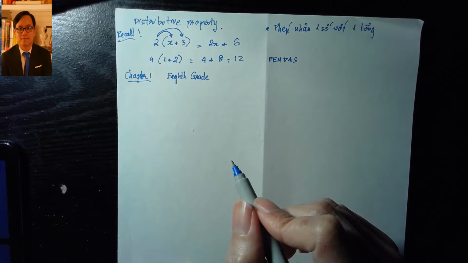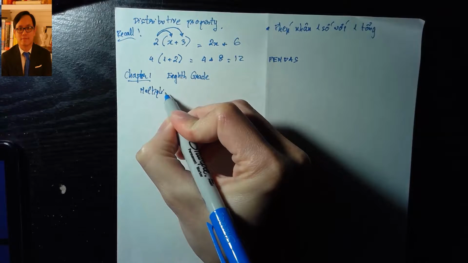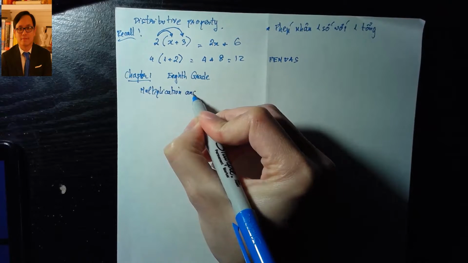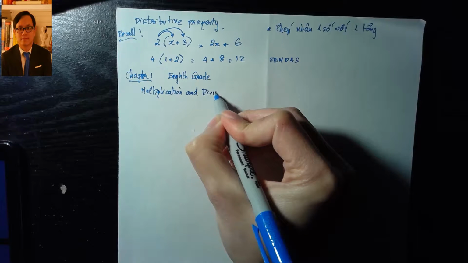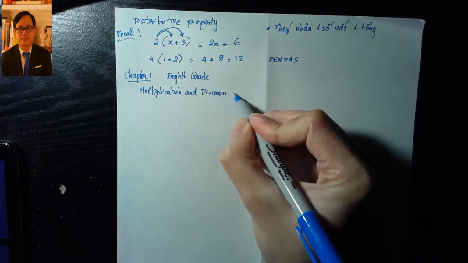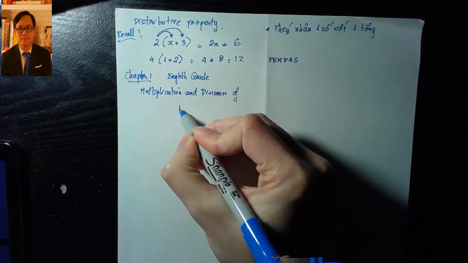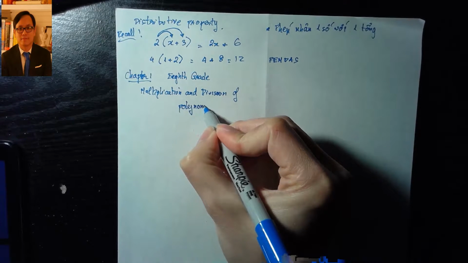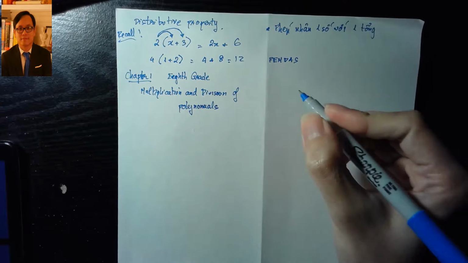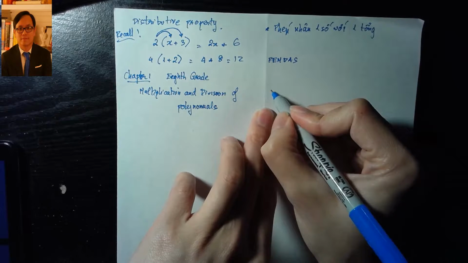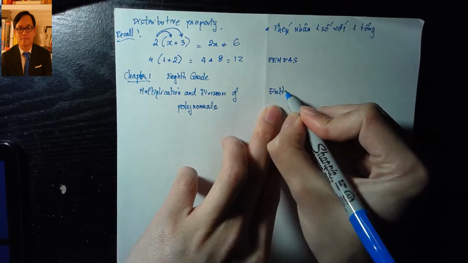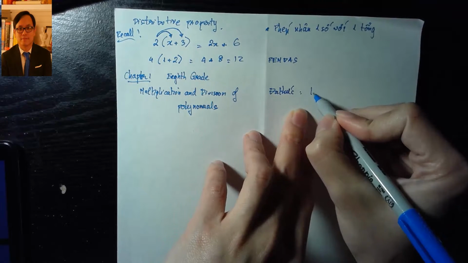So multiplication and division of polynomials. Okay, đa thức, tiếng Anh là polynomial.